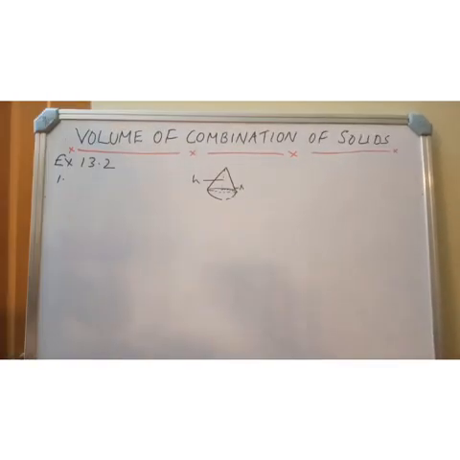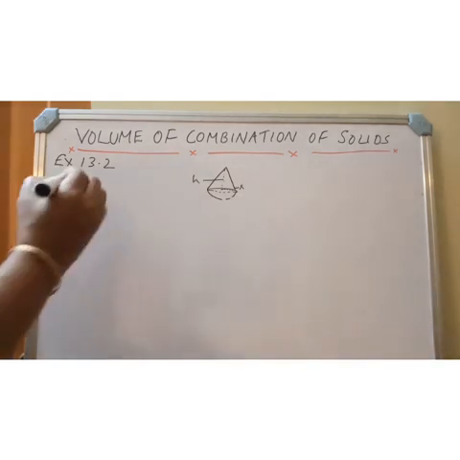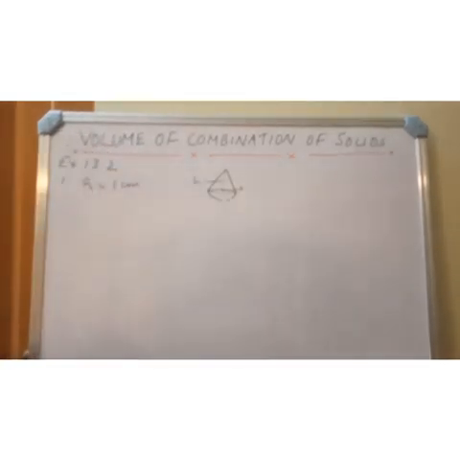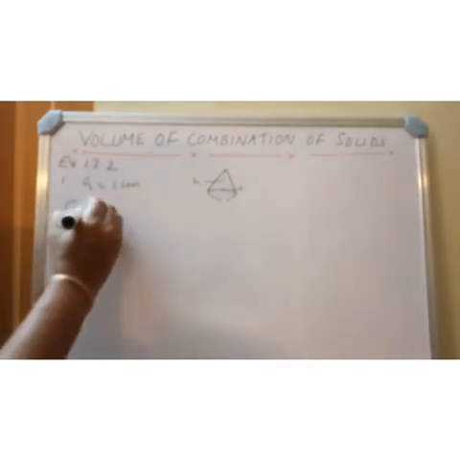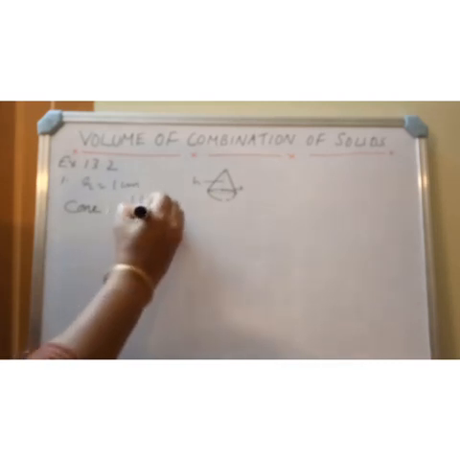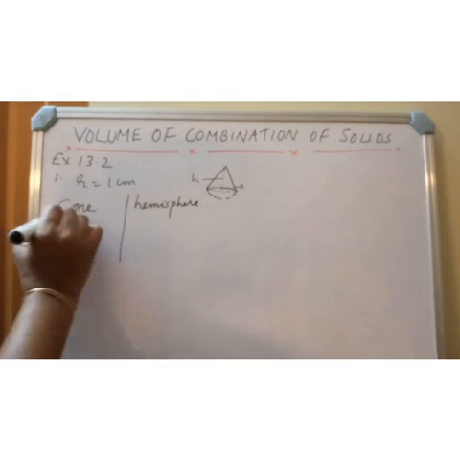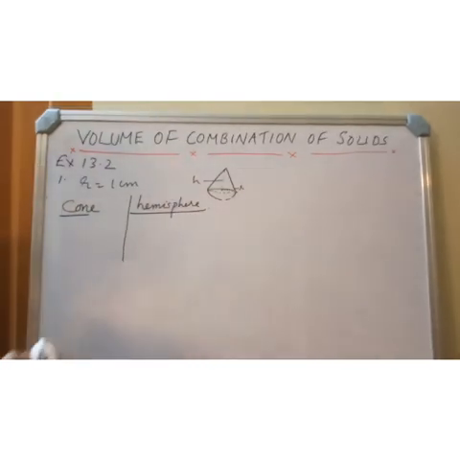So they are given that the hemisphere with both their radii being equal to 1 centimeter. Given that r equal to 1 centimeter and the height of the cone is equal to its radius. So we will have two shapes, cone and hemisphere. Let us see with both the solid shapes measures.